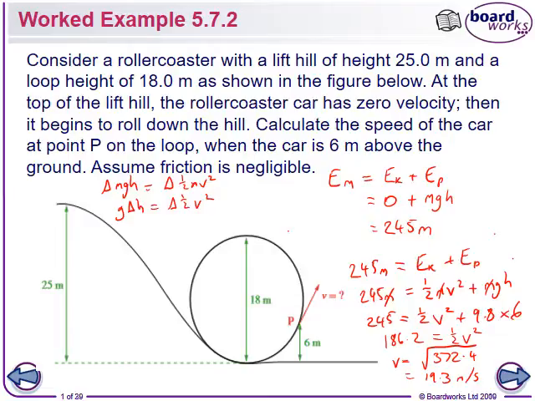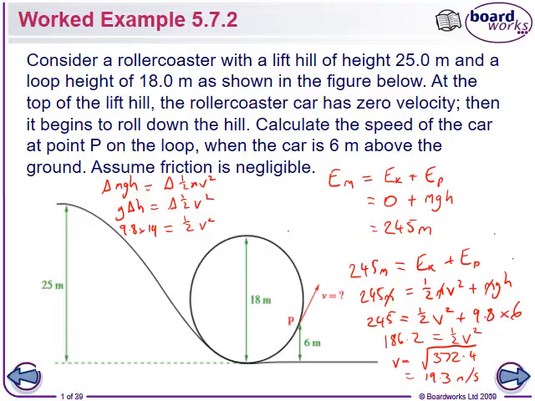All right, so this is where our change in height, we've gone from 25 to 6, so we've gone to 19. So 9.8 times 19. A different way. Just solving it a different way. So that's our change in gravitational energy. Our change in kinetic, we need to find v squared.